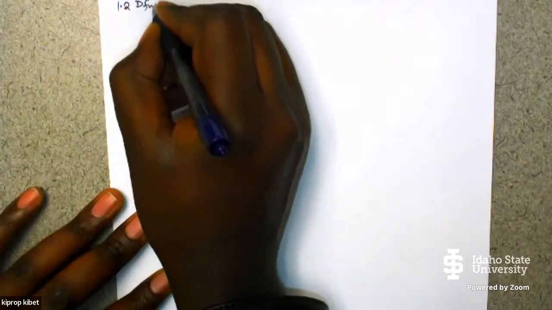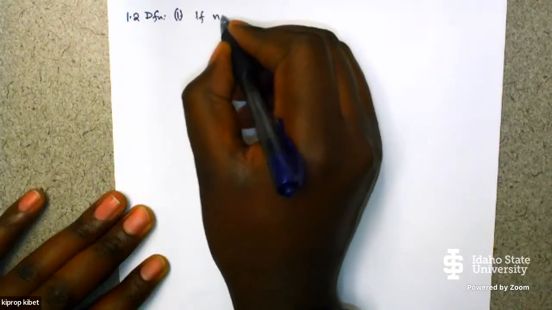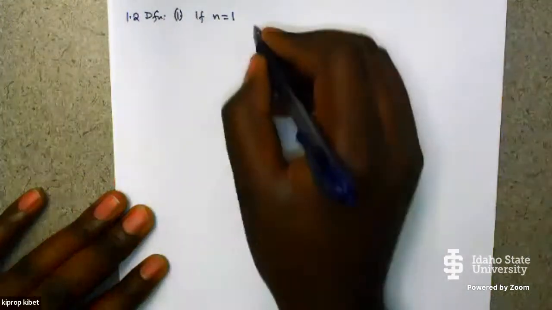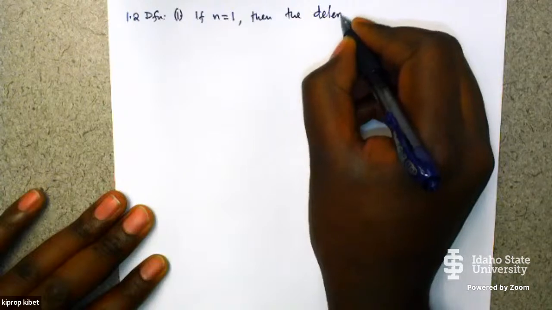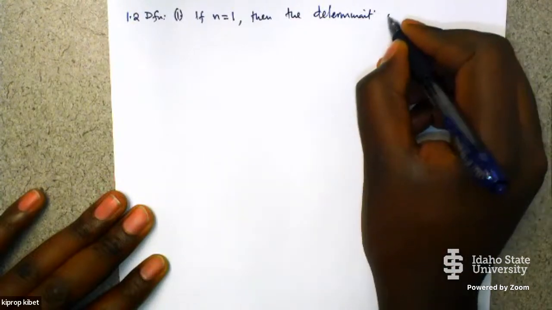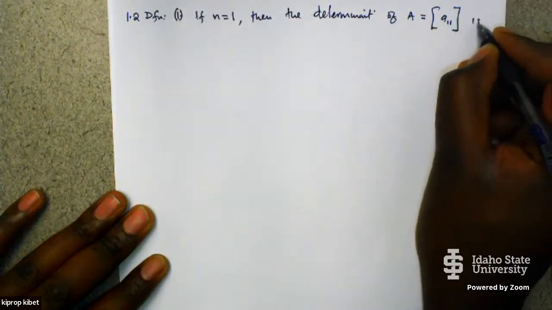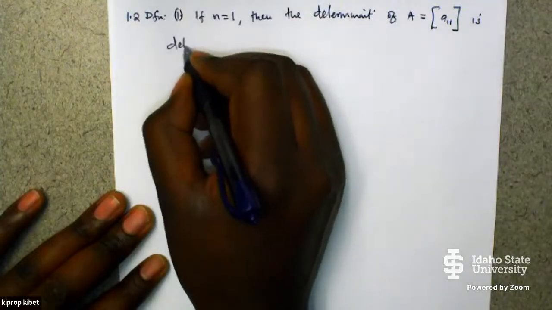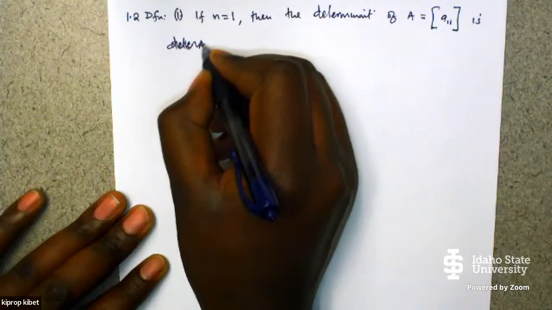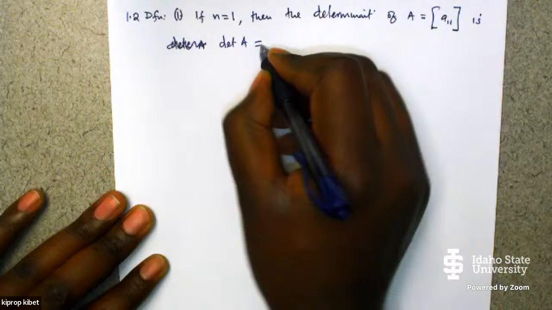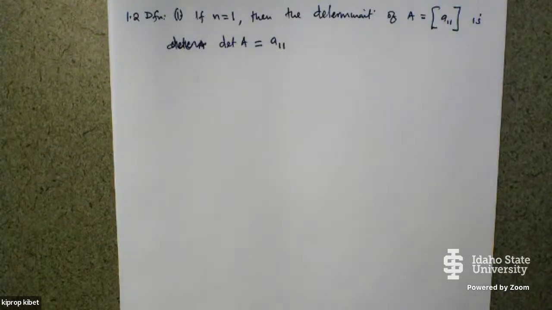Number 1: if n equals 1, then the determinant of A, which is A11, is just A11. We can write det A equals A11.